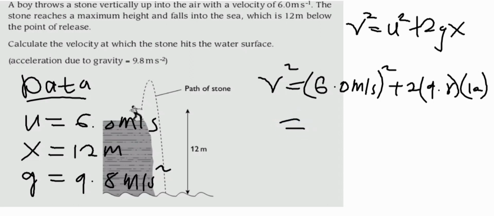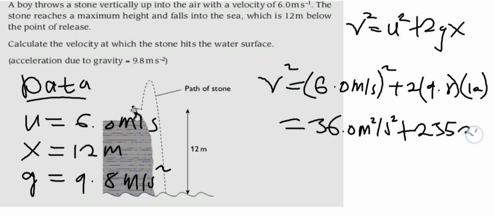So 6.0 meters per second to the power 2, we are going to get 36.0 meters squared per second squared. Then plus 2 multiplied by the acceleration due to gravity, 9.8 meters per second squared, multiplied by 12 meters, I'm going to get 235.2 meters squared per second squared.